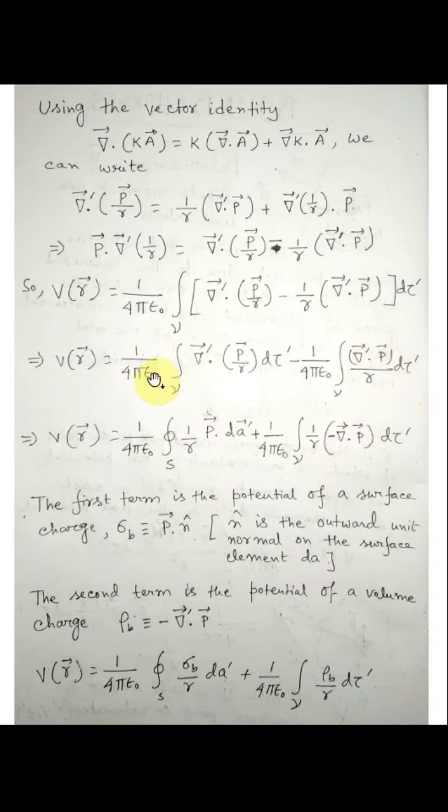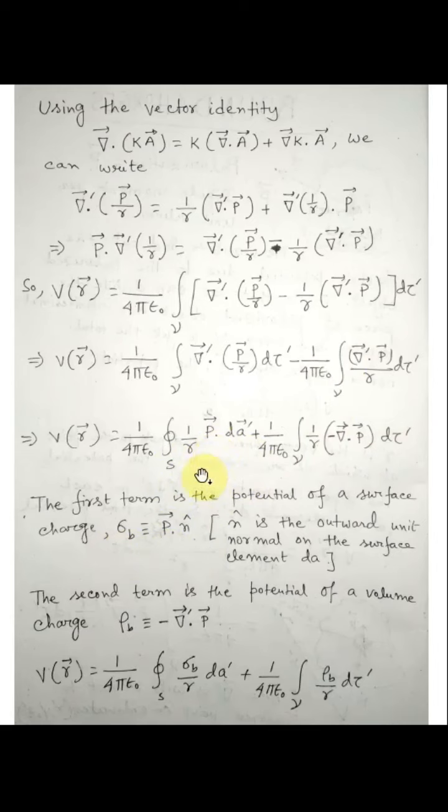So if we use the electrostatic Gauss's law, then from here to here we can write 1 by r p dA prime, right? So this is the Gauss's theorem, and if we put this minus sign here it becomes plus, and we are writing it in this form. Now here this first term is the potential of a surface charge which is of this form.